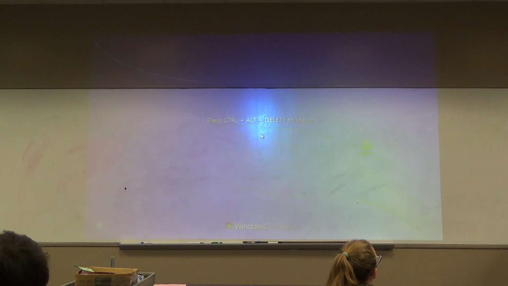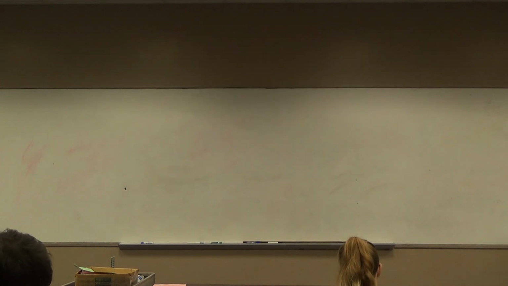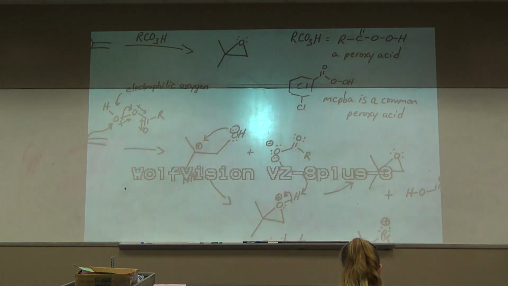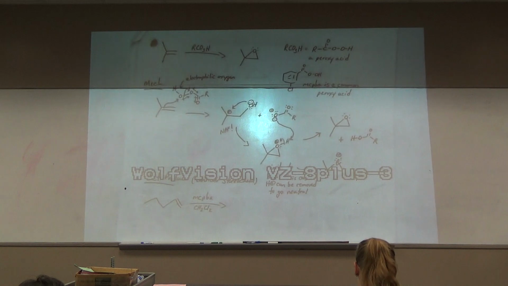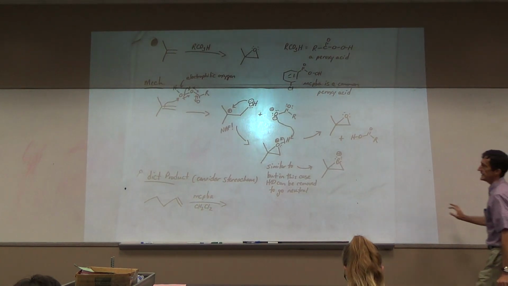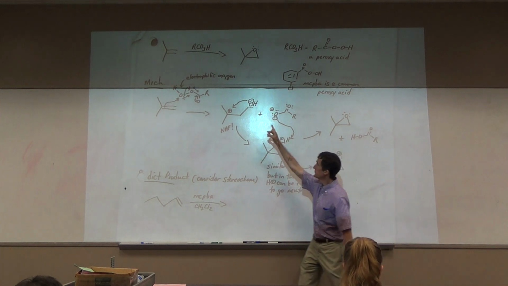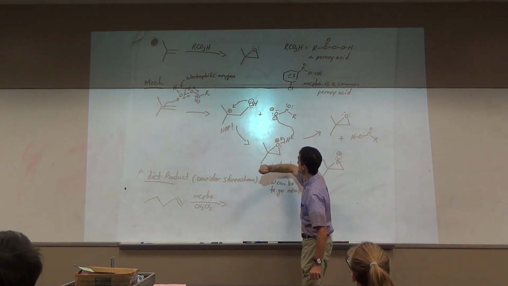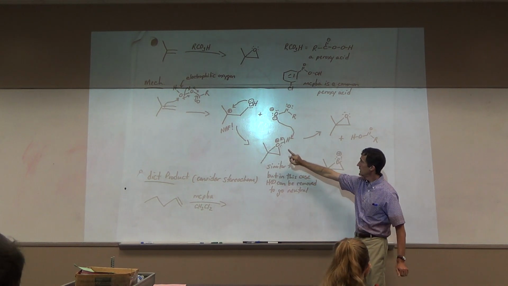We were looking at synthesis of epoxides. Epoxide is similar to a bromonium ion. After that, oxygen back bonds, that's not an intermediate, that's not really formed.